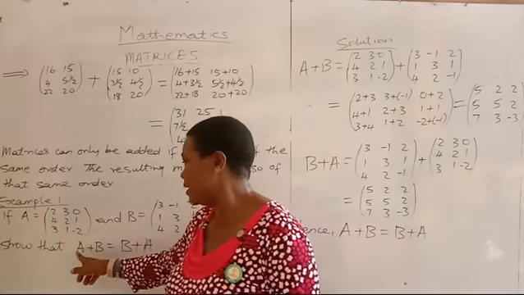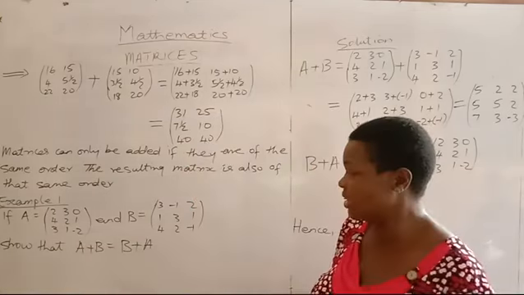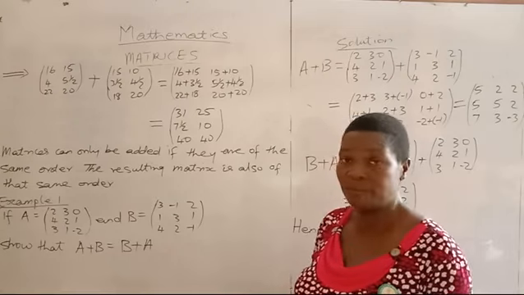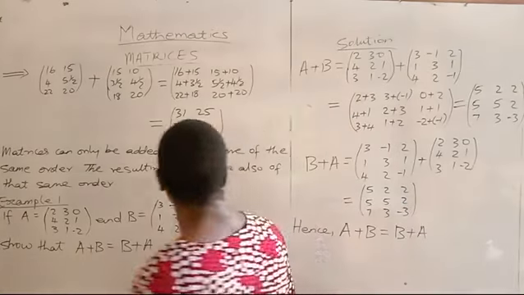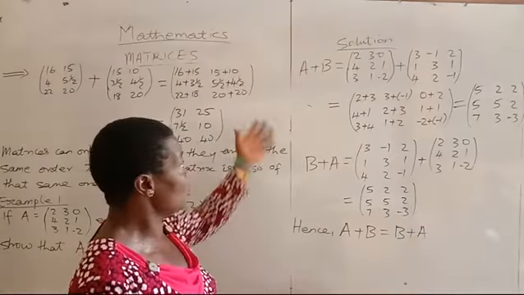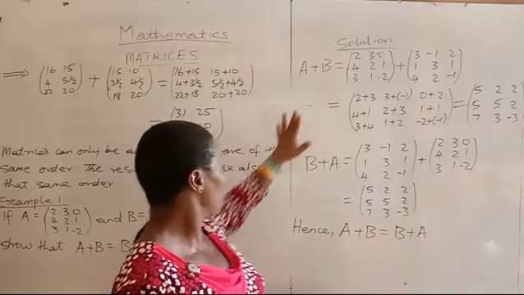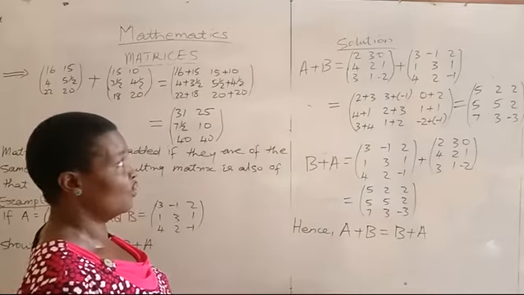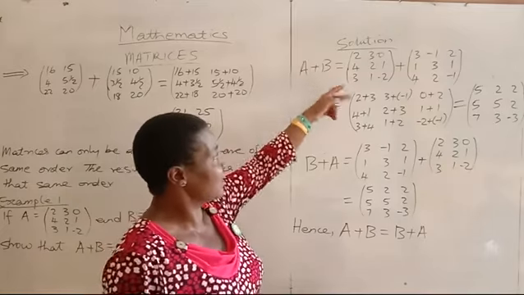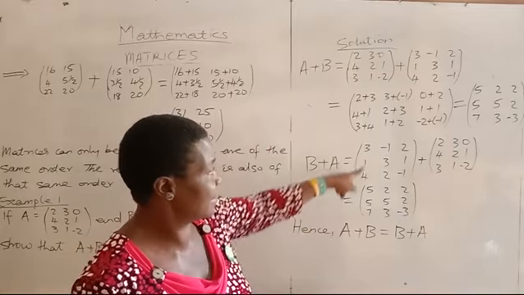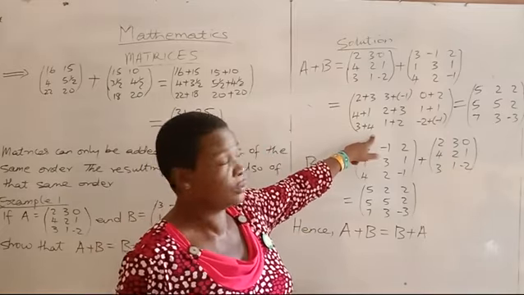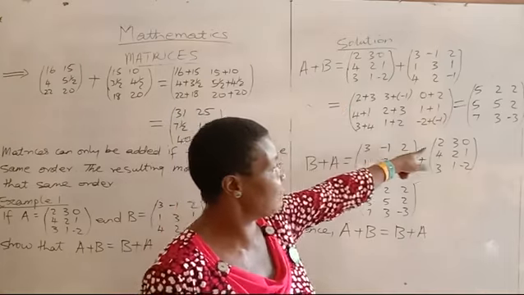Show that A plus B is equal to B plus A. Solution goes this way. To prove this is a proof. You simply add the 2 matrices as they are added on the board. A plus B gives this result.